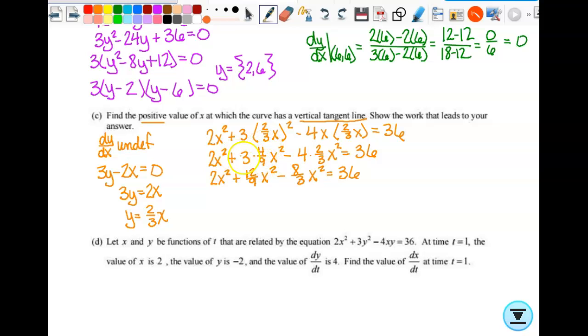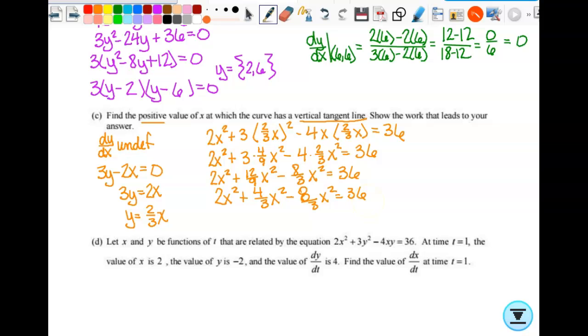It's because I'm writing more steps than I did on there, and probably more steps than you. I just wanted to make sure I didn't lose anybody. So yes, this is 4/3 x squared. I just had that moment of panic there that I did this whole thing wrong. 8/3 x squared equals 36.